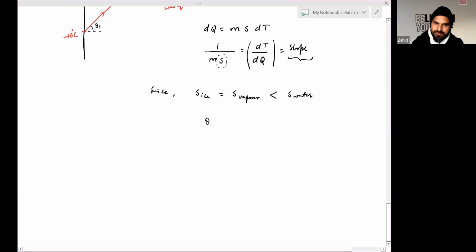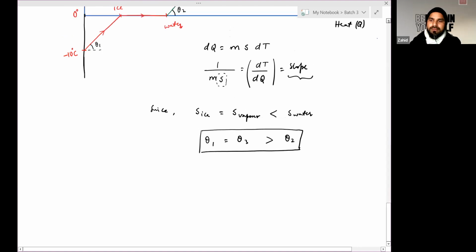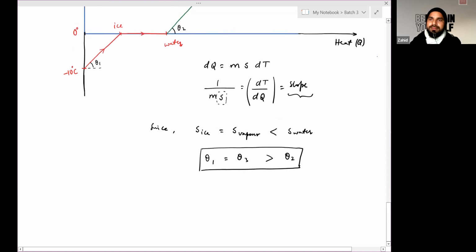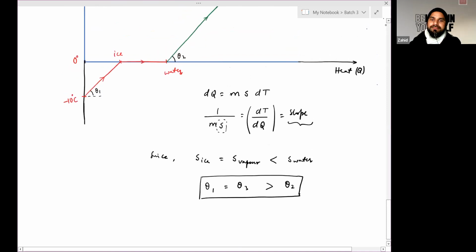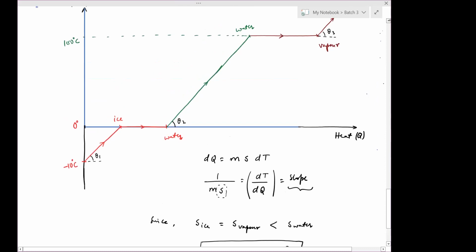So we can conclude θ1 and θ3 will be equal to each other and greater than θ2. So this is the relation between θ1, θ2, and θ3 related to this graph. Is it clear? Yes, sir. Okay, just write down this part.